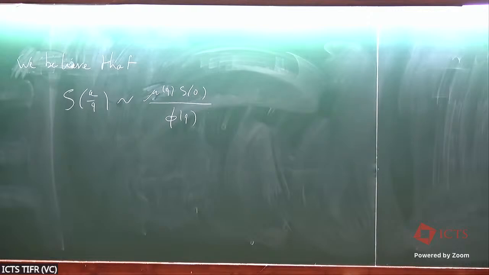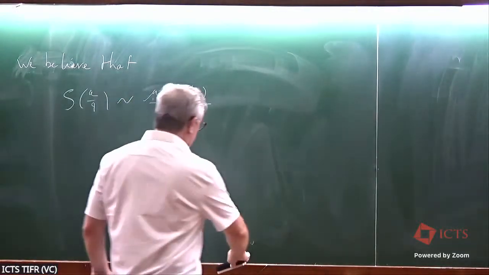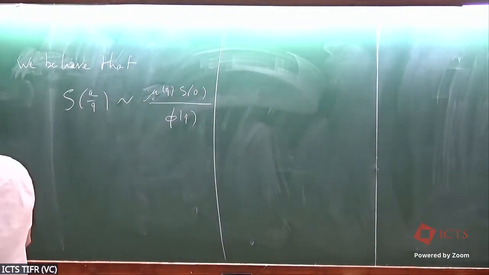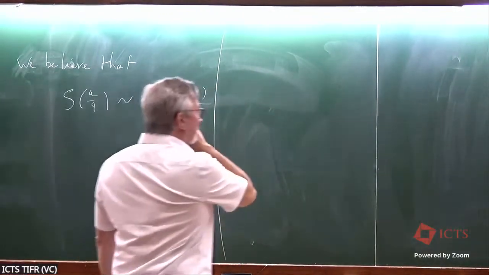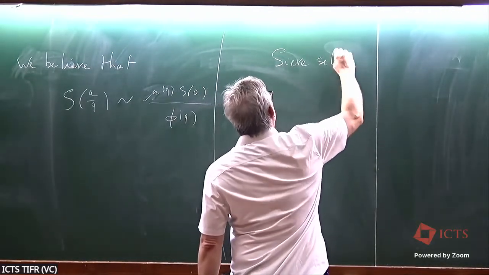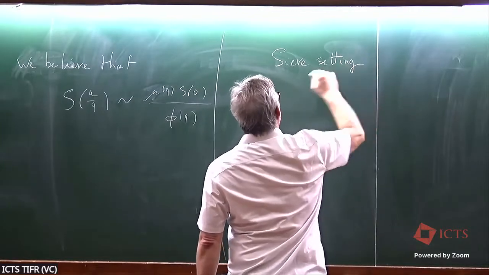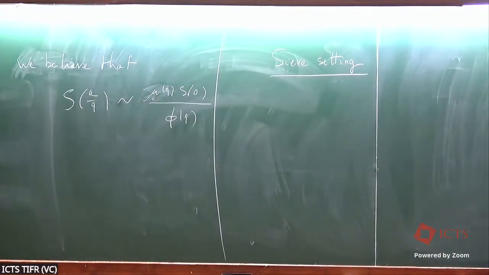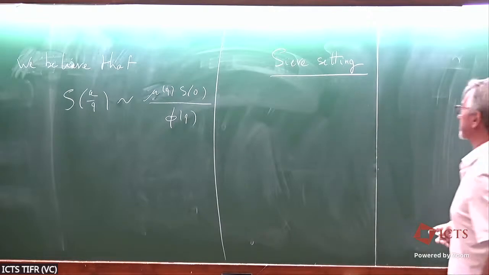Okay, what else? After that, I want to show you some sieve setting. I'm not going to do much of general sieve. Usually, I'm going to tell you that what I do for the primes can be extended. But in the first lecture, I have to show you a bit what I mean by extended, what are the conditions.